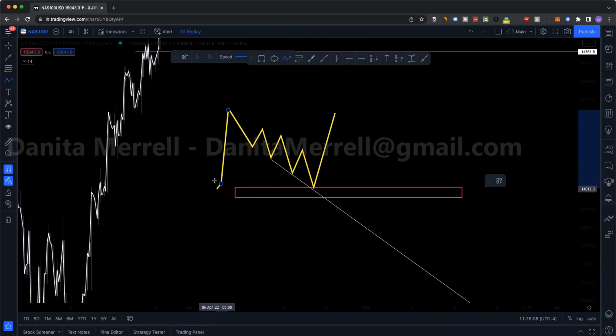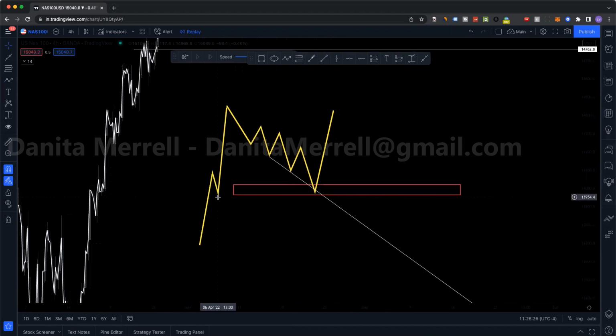Trying to figure out how I would draw this since I did it backwards. Well, we'll do it like this. Okay, so let's just say we bought the support here, and let's say the stop loss is very tiny. It's kind of like the Nash trade I took today. It's very tiny, right? And your drawdown is really small, like let's say a few pips.